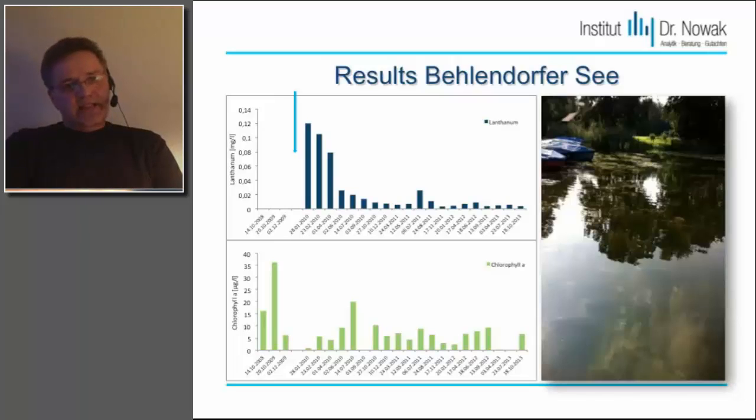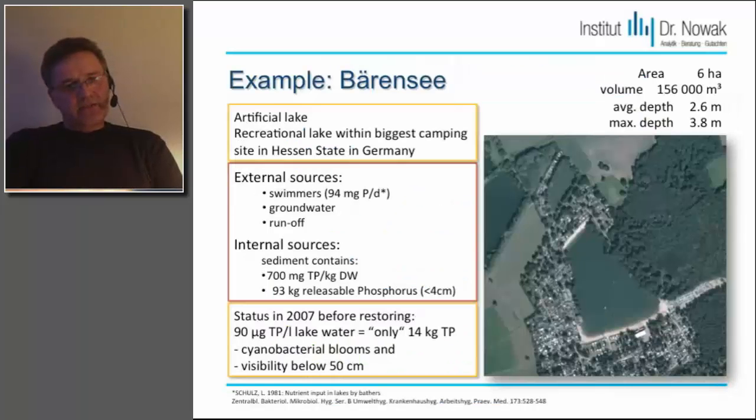In our second example, the Bärensee, it's an artificial lake, a small lake, 6 hectares in size, with a maximum depth of 3.8 meters. It's a not stratified lake. It's located within the biggest camping site in Hessen, in the middle of Germany. We have external and internal sources as well. External sources are groundwater runoffs, but swimmers as well.